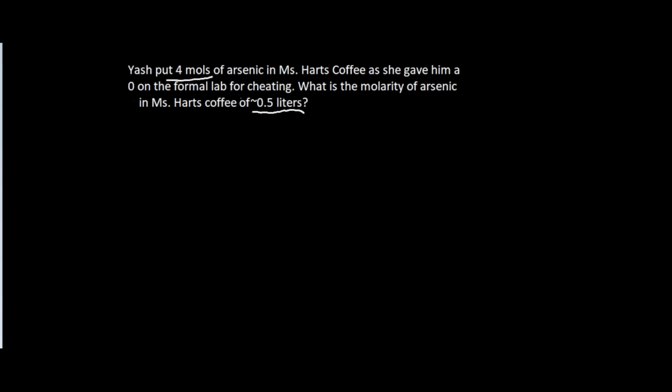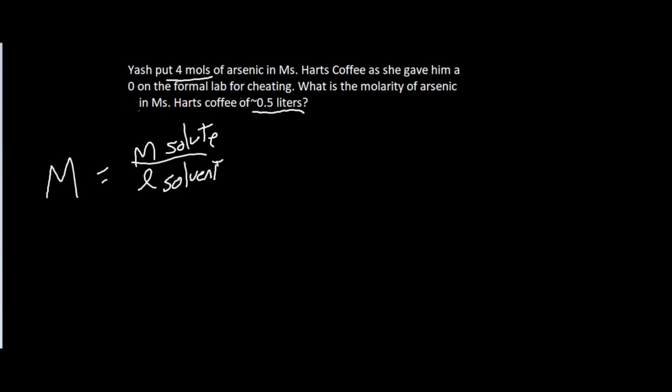So we know that the formula for molarity, capital M, equals moles of solute over liters of solvent. We know that arsenic is the solute, and the coffee is the solvent.